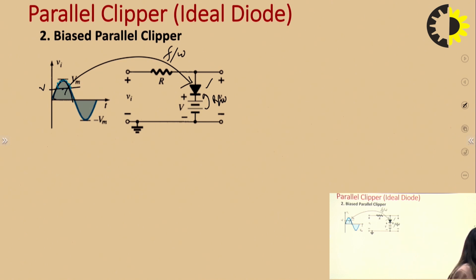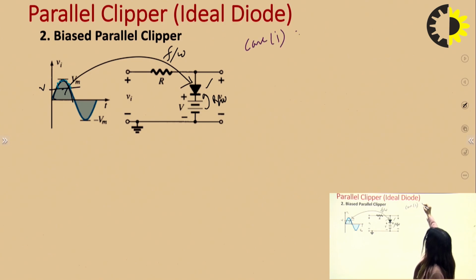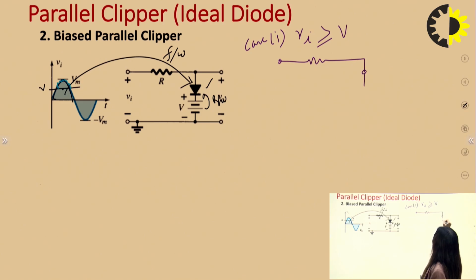So I have two cases now. Make the cases, it will make your question very easy. Case 1, when Vi is greater than V, then the circuit would be like this, it is forward bias, make it forward.